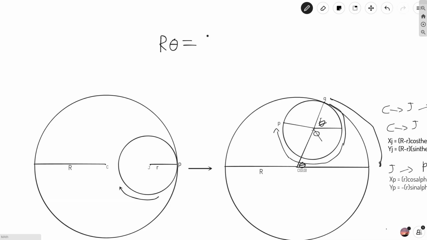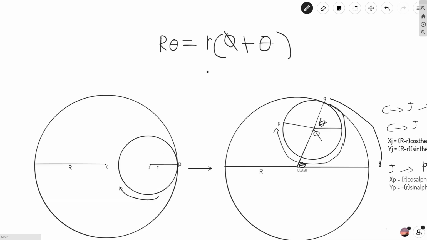So we have r alpha plus theta as well. Now we have theta because this is parallel to this, so this is actually also theta. And as we know that this is the complete arc, we have alpha plus theta. So r multiplied by alpha plus theta represents the distance covered by P as it translates around the smaller circle, as the circle rolls around the bigger circle.